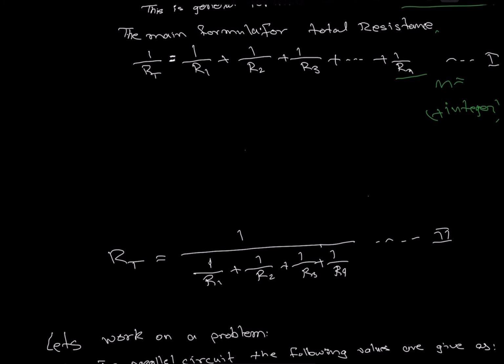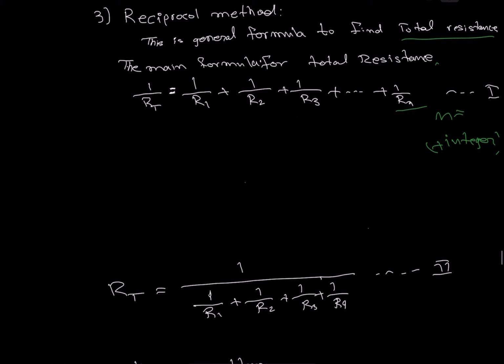The second way is RT: you just flip it, so RT equals 1 over (1 over R1 plus 1 over R2 plus 1 over R3 and so on). I personally use this way to find total resistance, and once I find the value, I reciprocate it. So I don't have to do the complex fractions here.